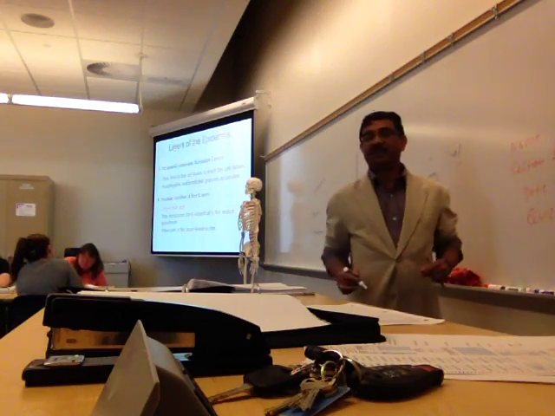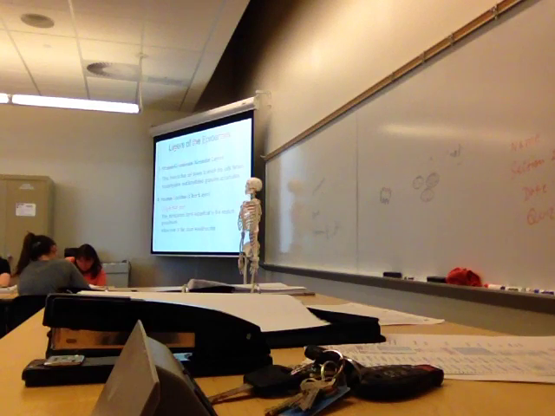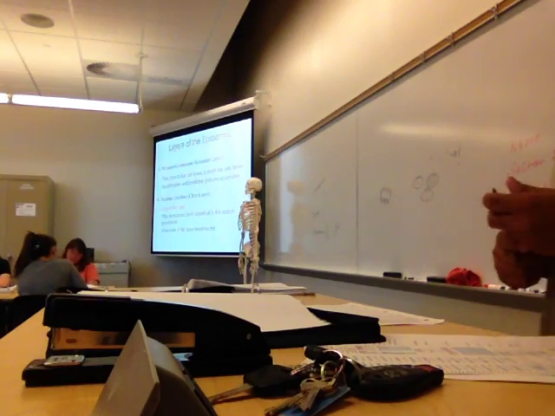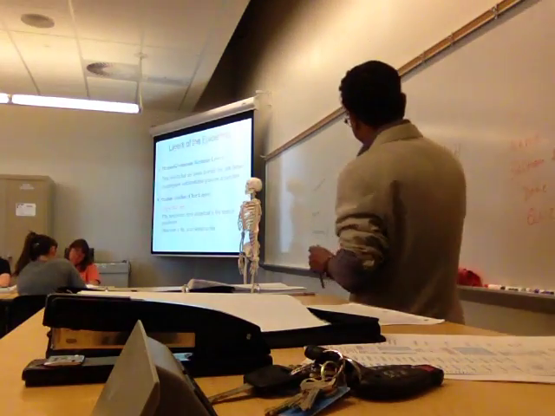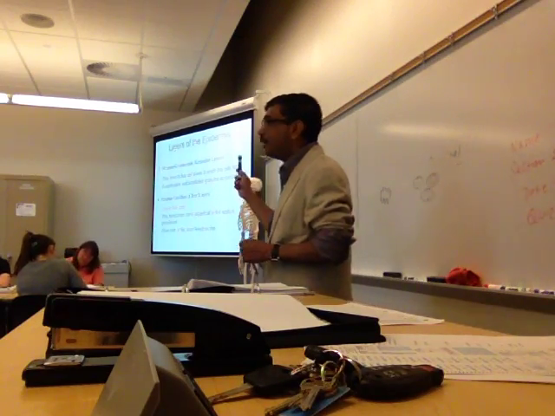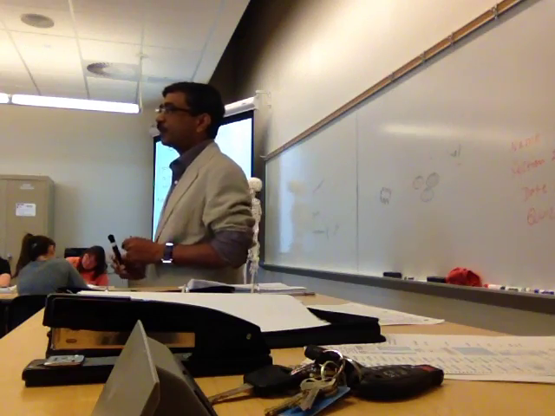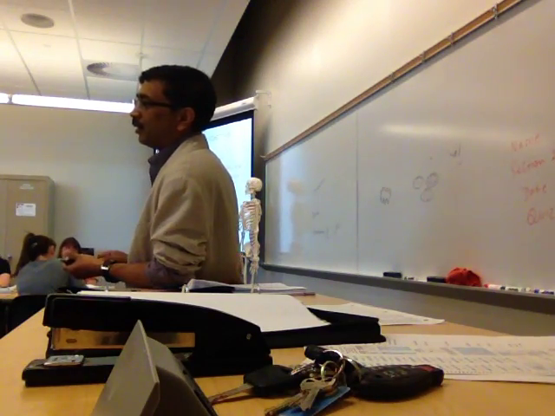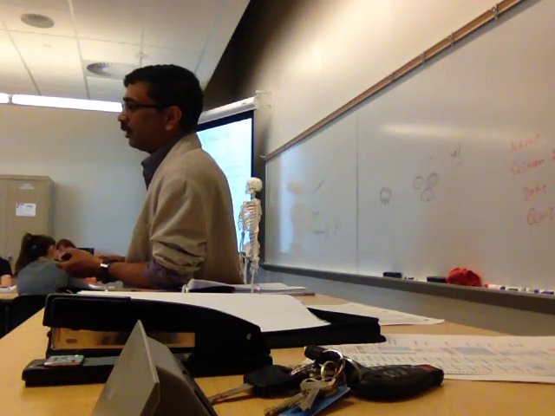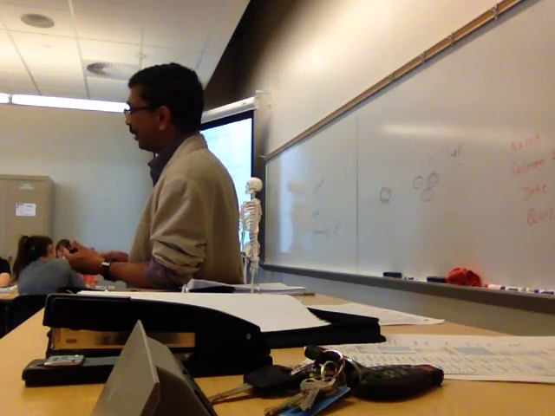That's why this layer is called granulosum. Okay, then you need to know what granules are present in the cells in granulosum. The granules are keratohyalin and lamellated granules. Those two types of granules are present or found inside the cells of granulosum layer.